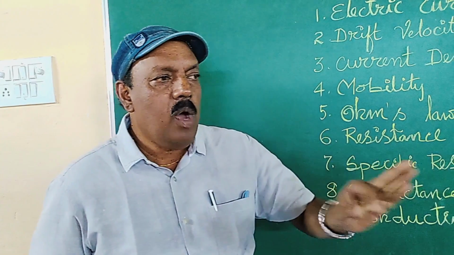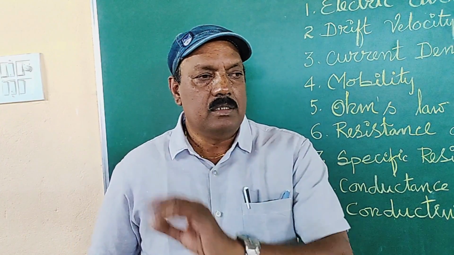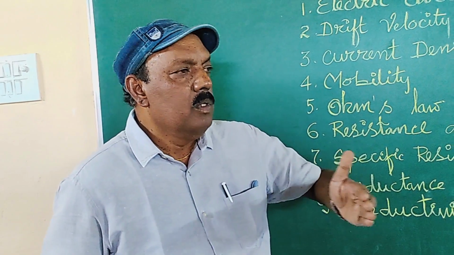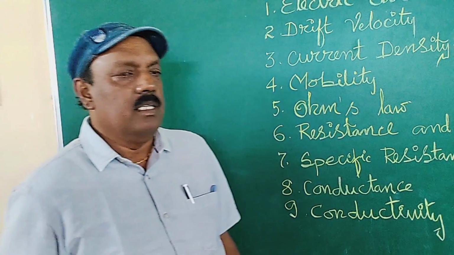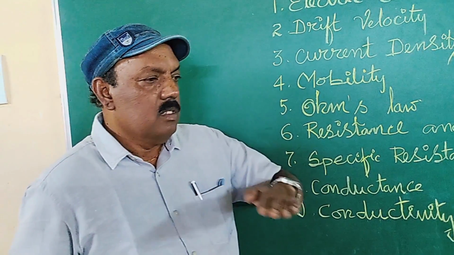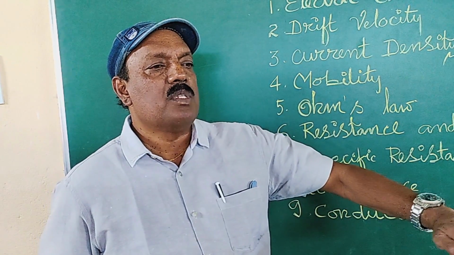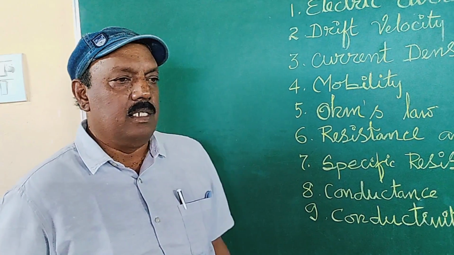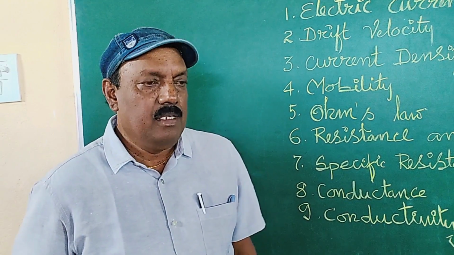So 3 into 10 to the power of 8 electrons move in 1 second. That is the speed of the electricity. So simply we can say that the speed at which electrons are moving is nothing but electric current, and it is indicated by the letter I.